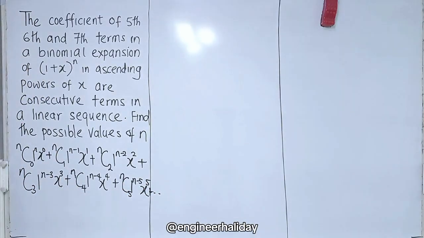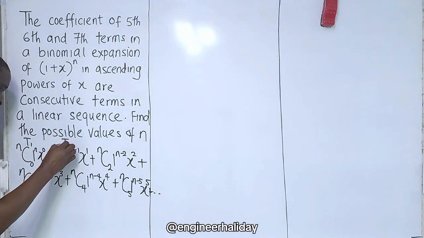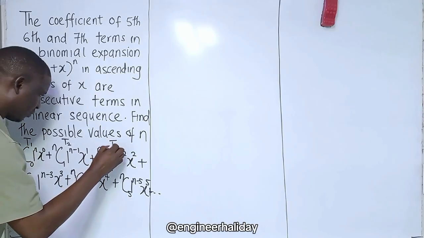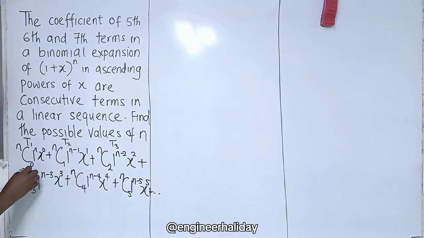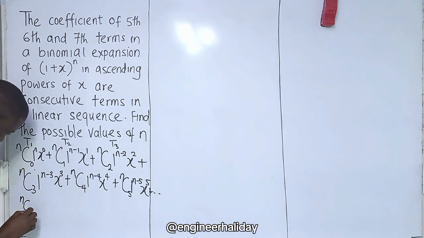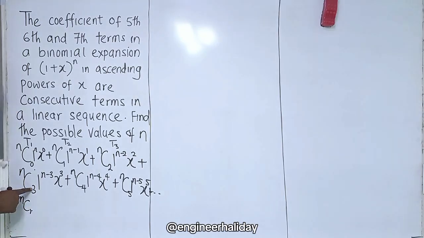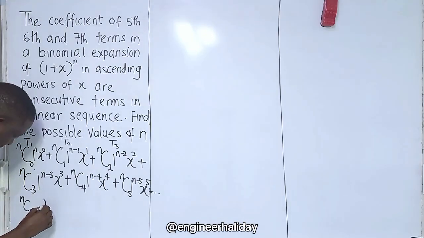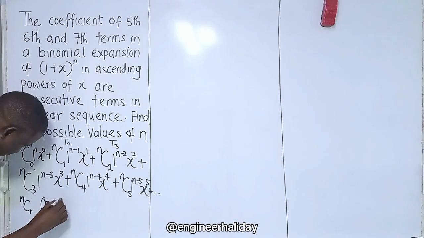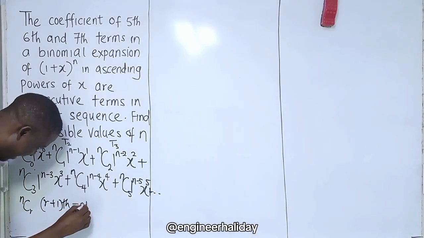You understand? What we want to notice is that this is the first term, second term, third term, and this is the fourth term. When it is the fourth term, r equals 3, if you take nCr as the coefficient. So the (r+1)th term is the nth term.